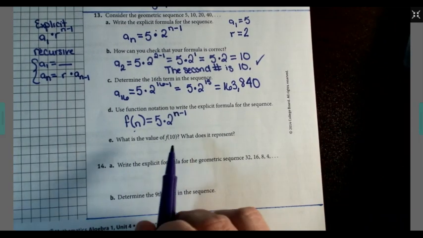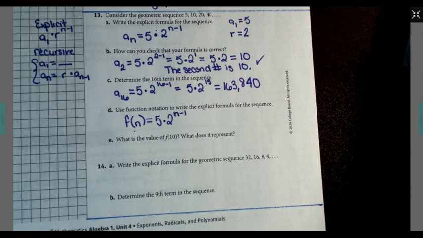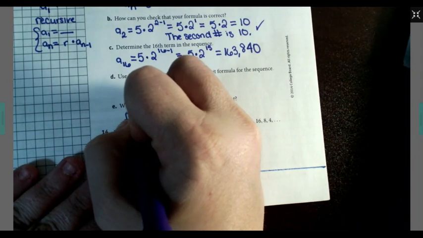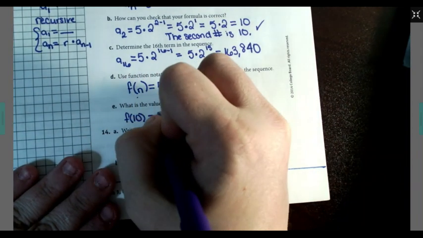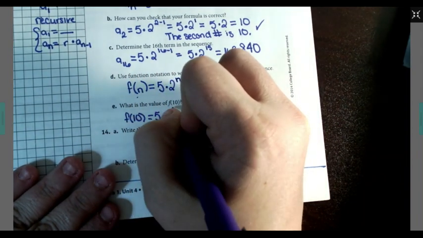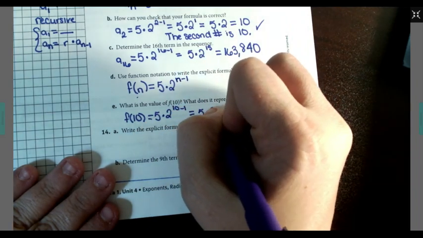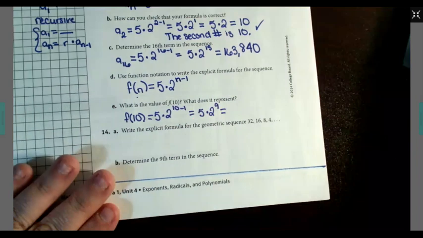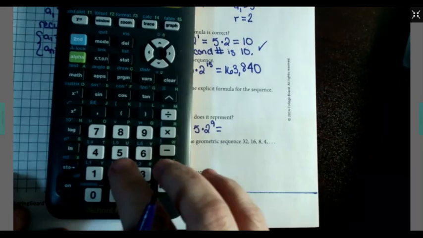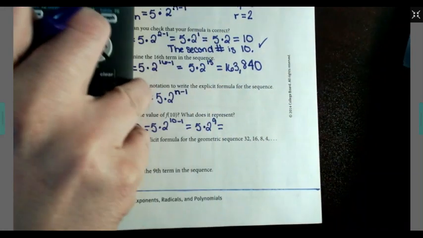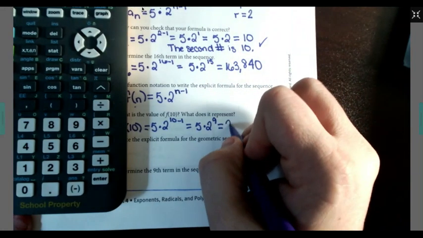It says, what is the value of f of 10? So, f of 10 would equal 5 times 2 to the n minus 1. So 5 times 2 to the 9th power, which is 2,560.